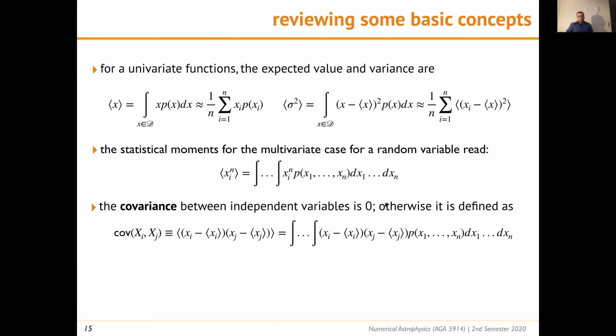The covariance between independent variables is essentially zero. But the covariance between any two random variables is calculated as the mean of the product of a given xi minus the average of all xi's, times the same thing for j. And this is equivalent to this integral. That's the covariance. Independent random variables will give you zero.